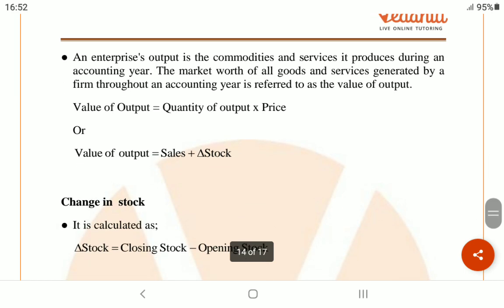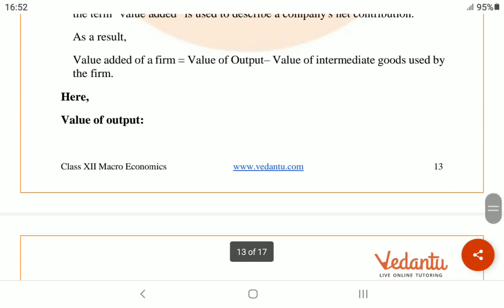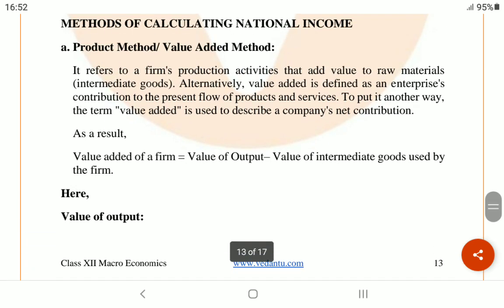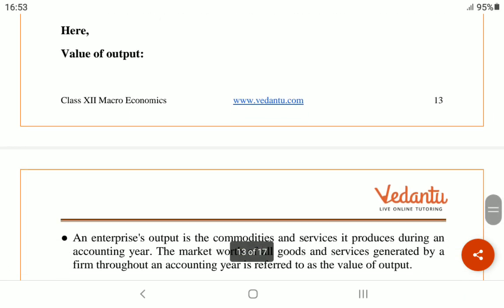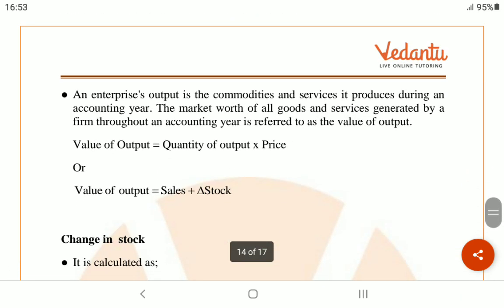Next is value of output. An enterprise's output is the commodities and services it produced during an accounting year. The market worth of all goods and services generated by a firm throughout an accounting year is referred to as the value of output.